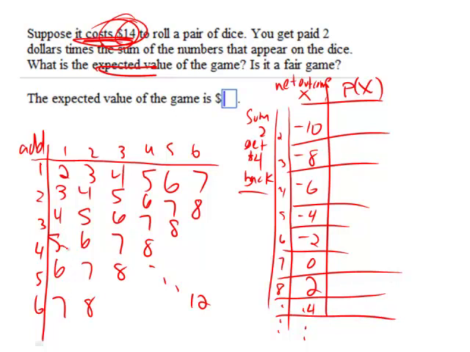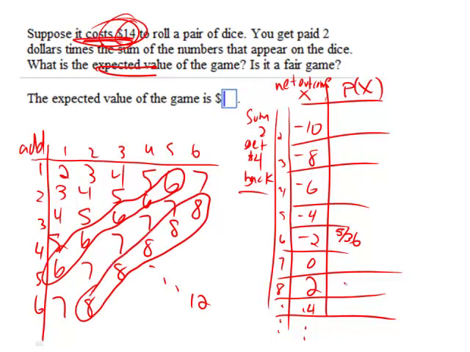The chances of getting a 6 are 5 out of 36. The chances of getting an 8 are also 5 out of 36. So the outcome of $2 will balance out with the outcome of negative $2. And so on. The expected value of the game is 0. And yes, it's a fair game.